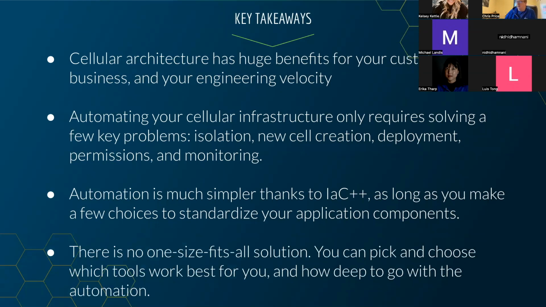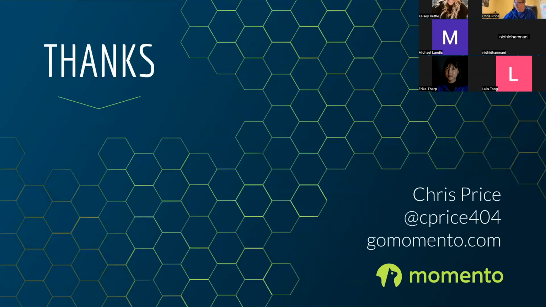And then no one size fits all. You can pick and choose which tools work best for you and also how deep to go with the automation. It may make sense at your organization to do even more automation than what I described here that we did at Momento, or it may make sense for you to do less. And really, you can pick the level that is going to have value for you and invest in it accordingly. So that is the end of my talk.